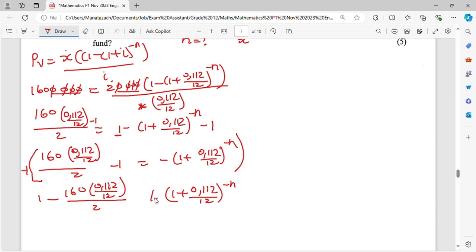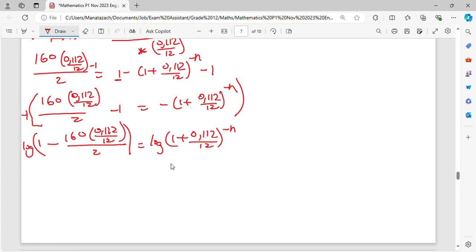I'll put a log on both sides of the equation. Using the log rules, the n, since it's the exponent, can come in front of the log. That's going to be 1 plus 0.112 divided by 12.